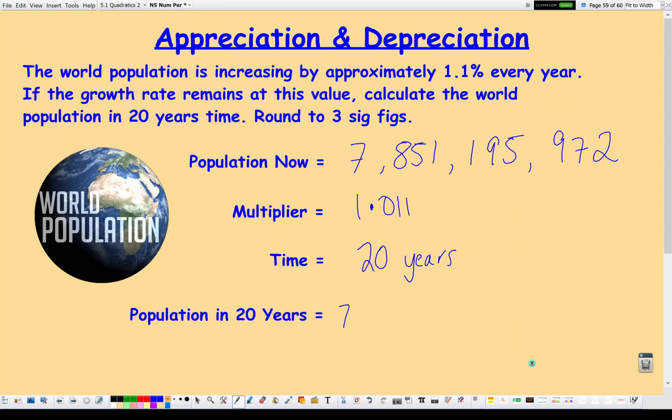So what is the population in 20 years' time? Well, we have to take this starting value and multiply it by our multiplier, 1.011, that's an increase of 1.1%, to the power of 20. So carefully put that calculation in.